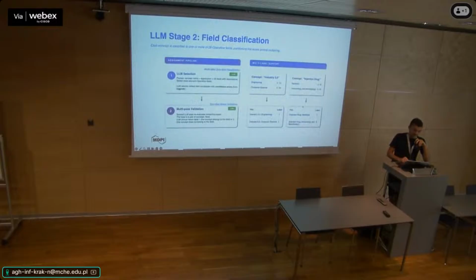Here again, after we decided this, we asked an LLM to do a sort of field classification. It is based on 2 steps, because we realized that if we used a single step, the results were not good enough. The first one is a multi-label zero-shot classification, where we did a huge amount of prompt engineering. We provided the concept name and an explanation, again created by an LLM, for each of these concept keywords.